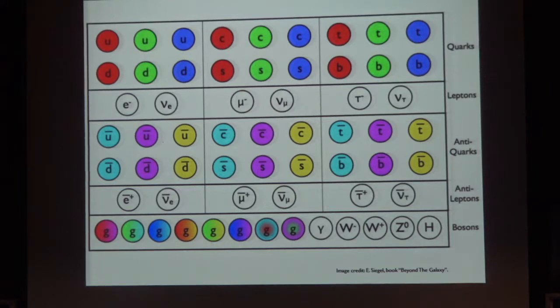Now this is my table where I displayed all the possible particles and antiparticles: the quarks, ups with the 3 colors, the charms, 3 colors, down, strange, top, bottom, and the corresponding antiparticles, electron, positron, neutrino, antineutrino. They could be their own antiparticle or not, we don't know. The 8 gluons, which come with combinations of the color charge, and the gauge bosons and the Higgs boson.